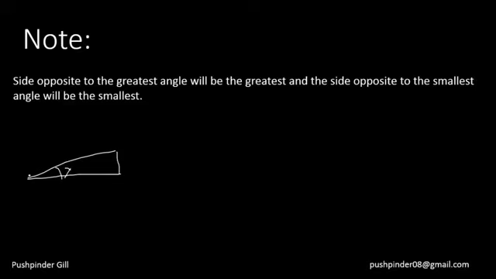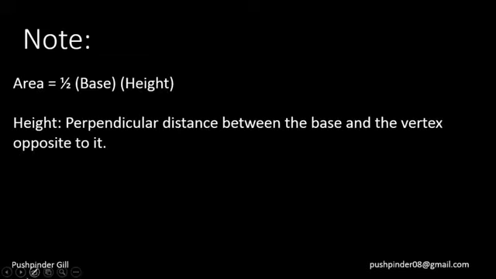The more I keep making the angle bigger, the bigger this side will become. That means the side opposite to the greatest angle is always the greatest side. Similarly, if you see a right angle triangle, 90 degrees is the greatest angle, and the hypotenuse is always opposite to 90 degrees. So fine. Okay, let's go ahead.